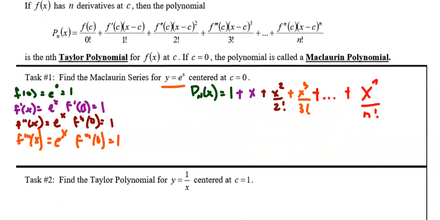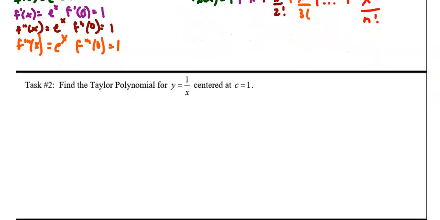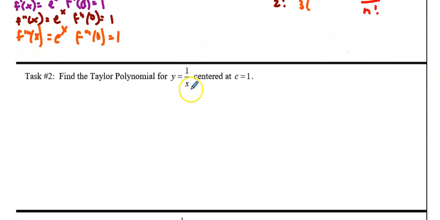So let's go ahead down here and do our next example. Find the Taylor polynomial for y equals 1 over x centered at 1. So first thing I'm going to do before we do this problem is rewrite this as y equals x to the negative 1. It's just easier for us to find multiple derivatives that way.